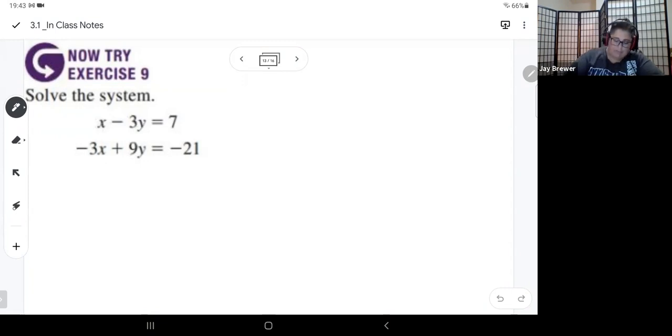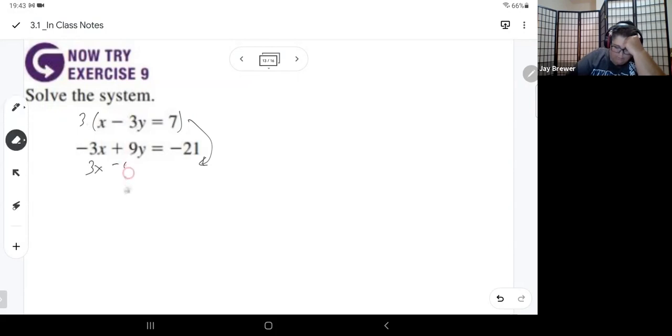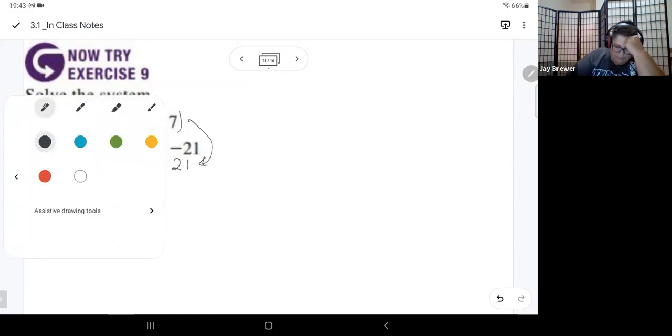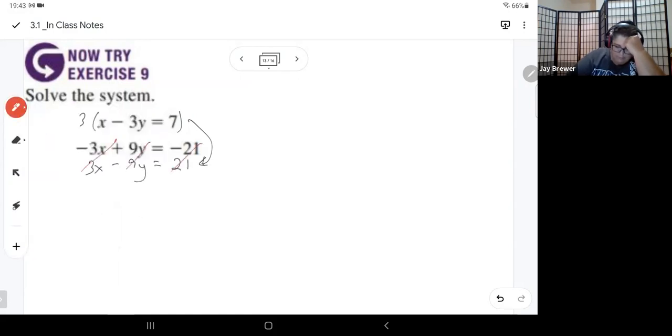The other thing you can notice is if you multiply everything here by 3 on top, and again, we're going to bring it right down underneath. 3 times x will give us a 3x. 3 times -3y will give us a -9y. 3 times 7 will give us positive 21. Now what you need to realize is that all this cancels, but it becomes a true statement.